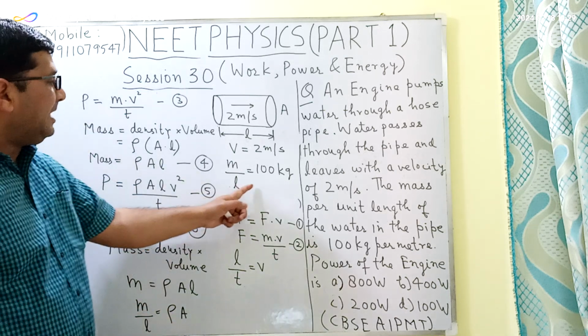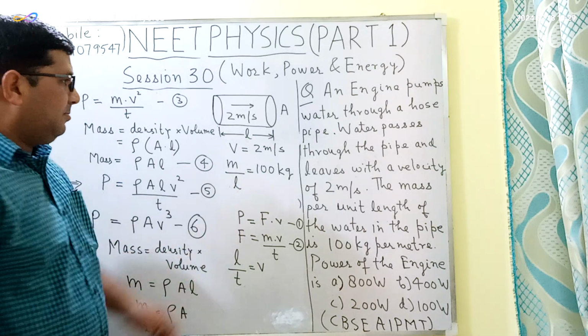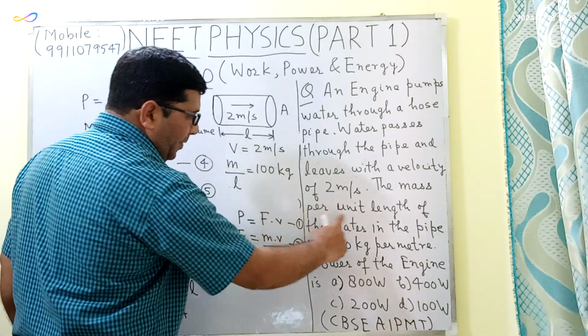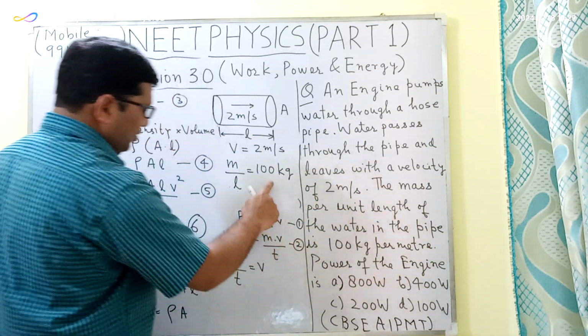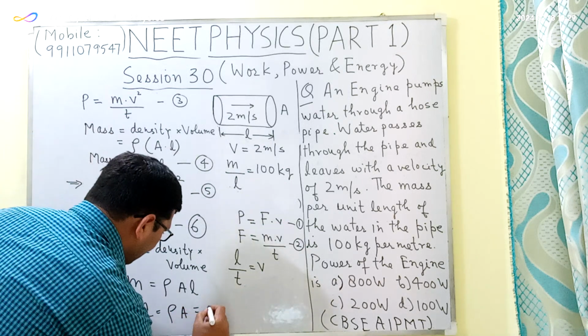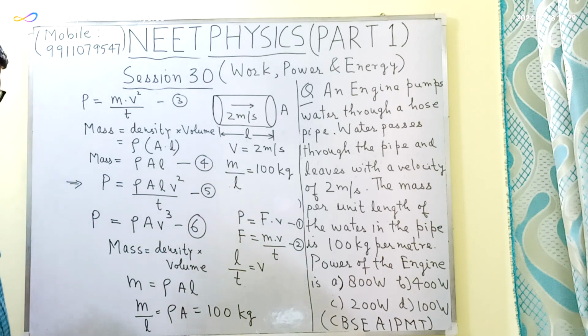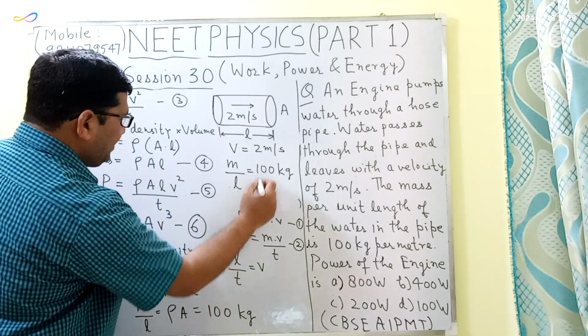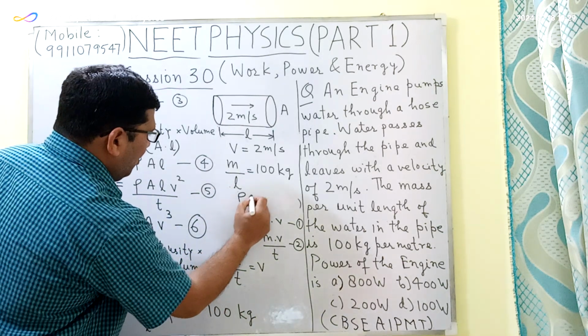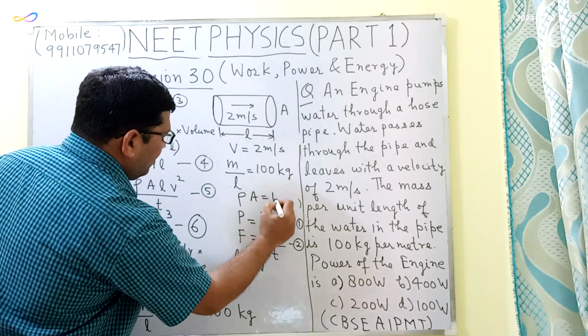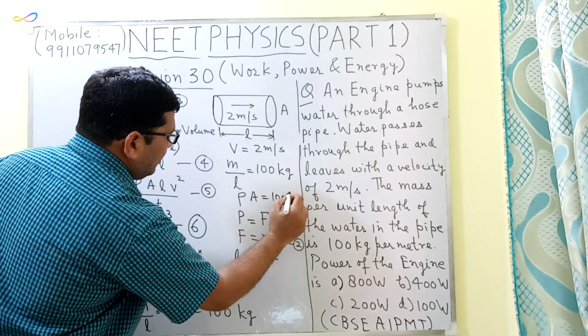And M upon L has been given here. That is, the mass per unit length of the water in the pipe is equal to 100 kg. So rho A is equal to 100 kg.